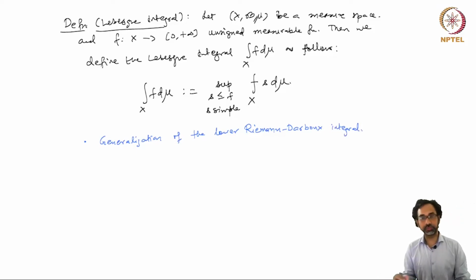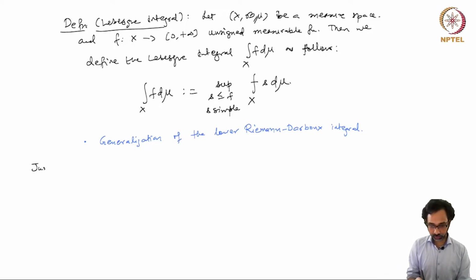Now the question arises why we take the lower one and we don't define the lower and upper, and when those two agree, then we say that the Lebesgue integral exists, as we did for Riemann integration. So we have to say some words about the justification for using the lower integral as our definition of the Lebesgue integral.